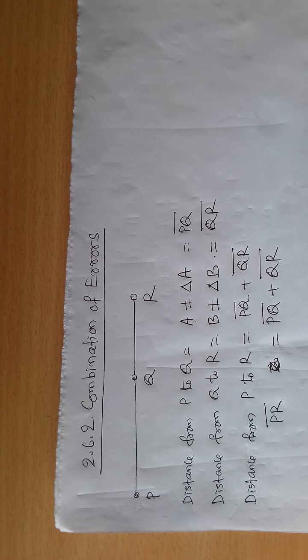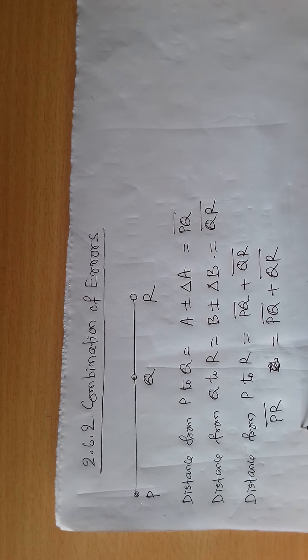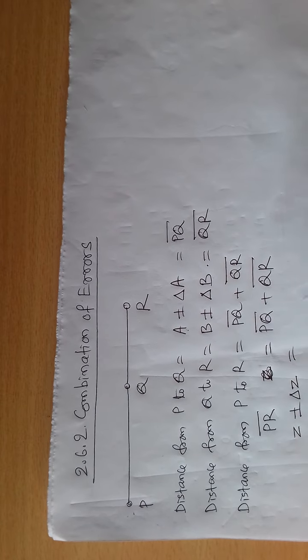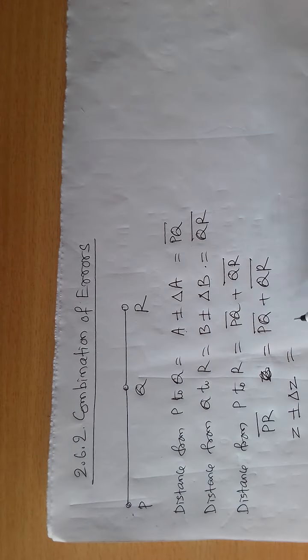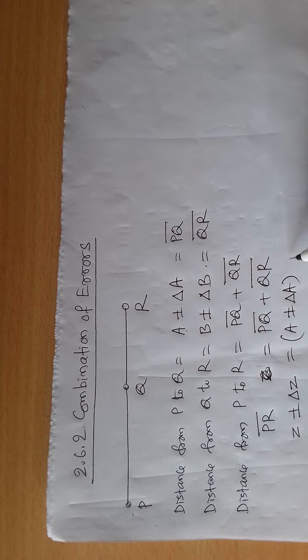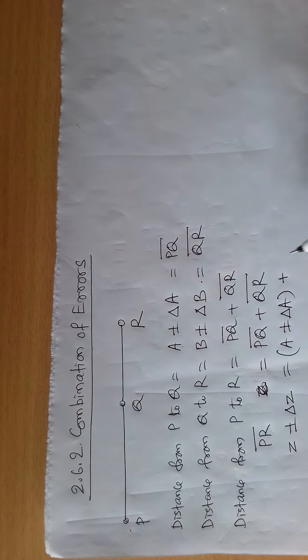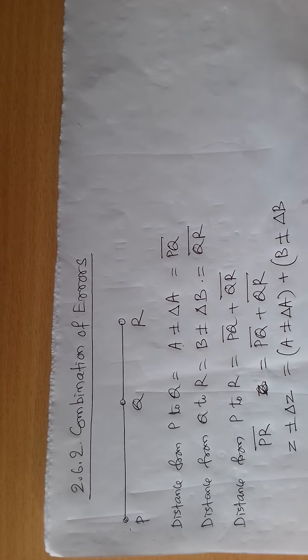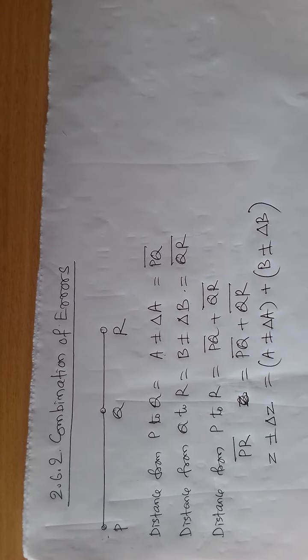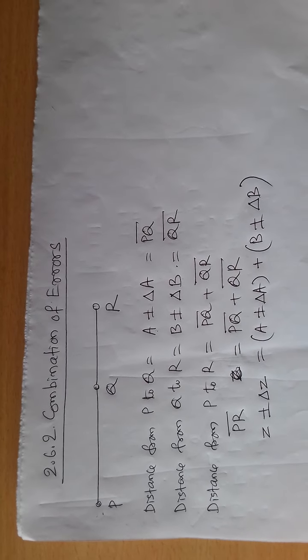So the measured value of PR is expressed as Z plus or minus delta Z. PQ value from here to here, A plus or minus delta A. And this distance B plus or minus delta B. So in this way we write.